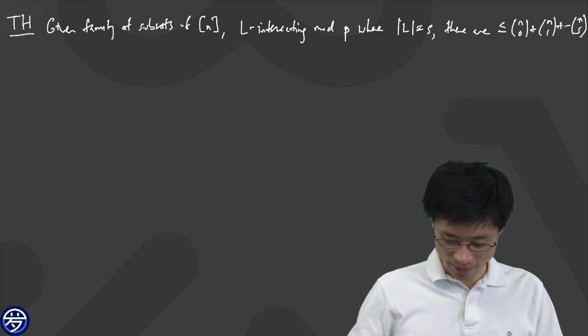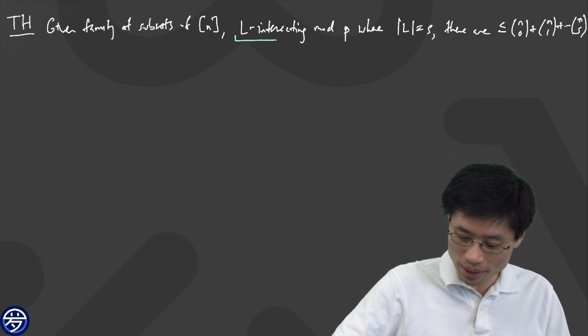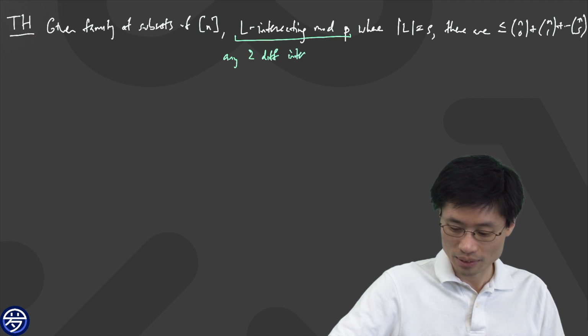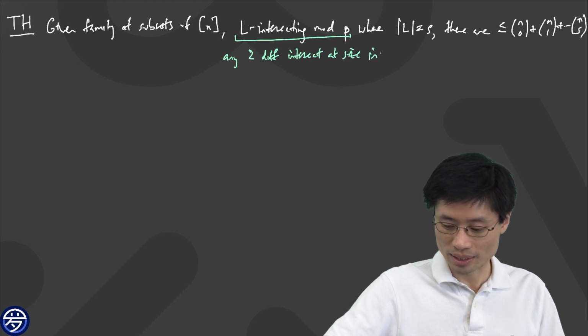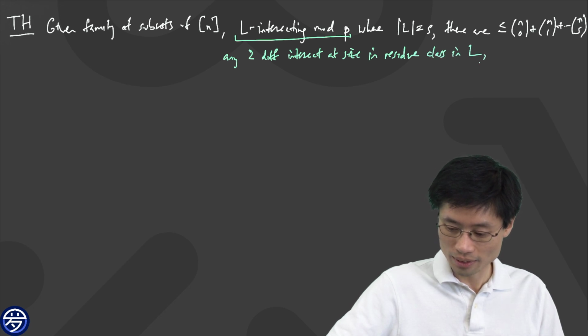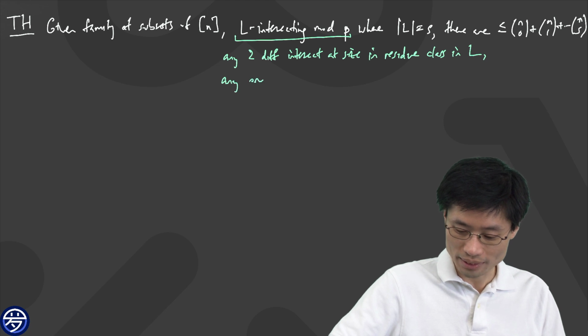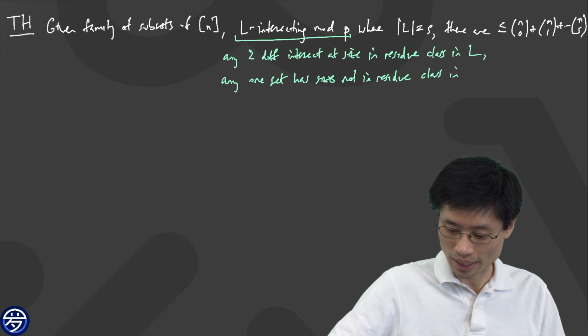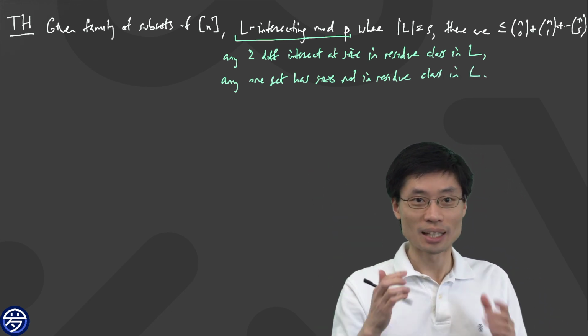And just to remember what this L-intersecting mod p meant: any two different sets intersect at size in this residue class in L, and any one set has size not in the residue class in L. So that's what L-intersecting mod p meant.